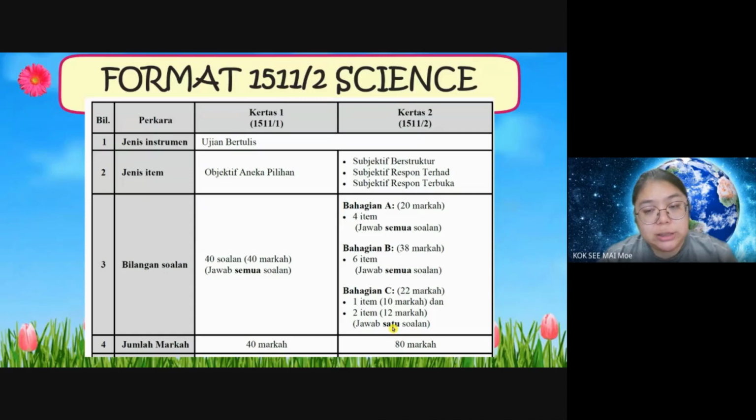You need to do the concept question, after that make a decision, after that give an opinion. That is a theory question. Those are the 2 items, questions 12 and 13. You need to choose one. One question is 12 marks. After that, paper 2 total is 80 marks. When they add together, actually it's 120. So you need to divide, then multiply by 100. Then the overall paper is 100 marks.